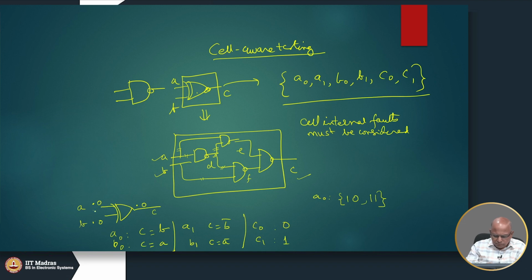Similarly, B stuck at 0: A can be either 0 or 1, but B has to be 1. A stuck at 1: we have to apply 0 and B can be either.